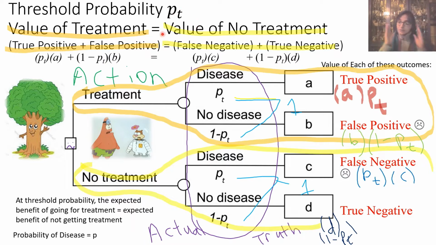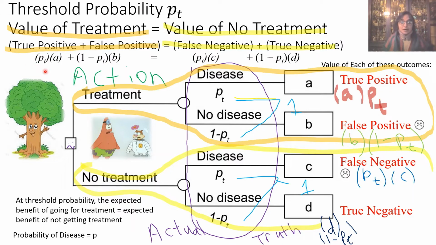And at the threshold, you're on the cusp. You're on the threshold of deciding, do I send my patient for treatment or not? Or if I'm the patient, do I go for this treatment or do I not go? It's right at that moment where the two actions, going for treatment or not going for treatment, have the same benefits, the pros and the cons.